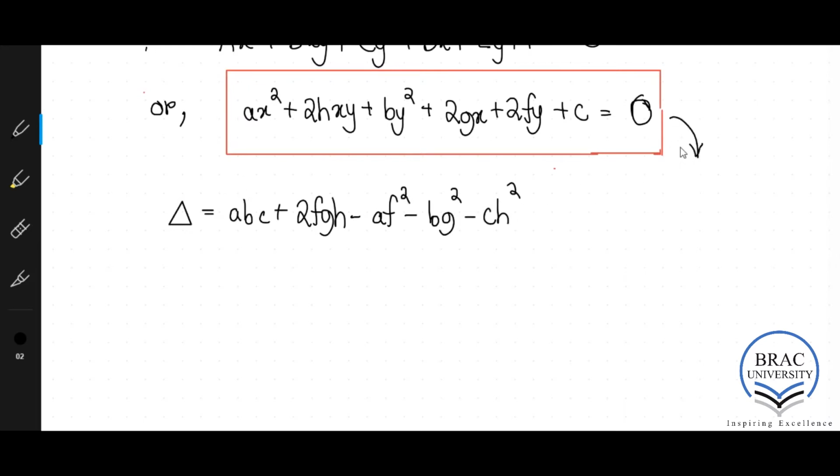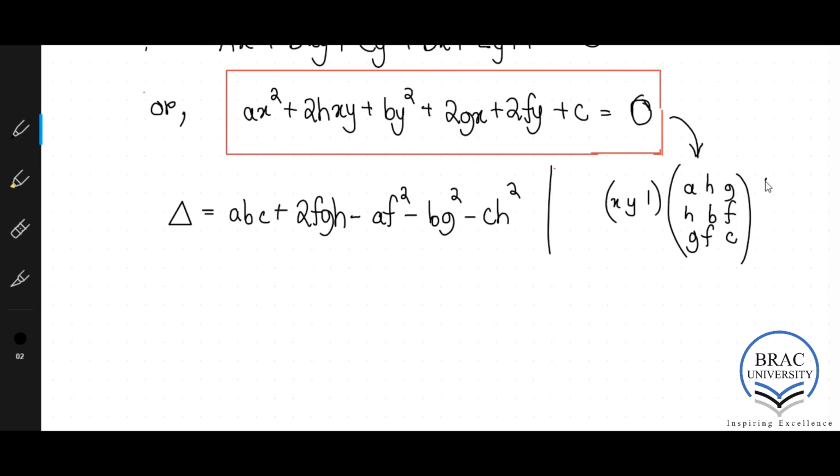If we have a matrix representation of this equation, it would look like (x y 1) multiplied by a matrix of the constants. We would have the constants a, h, g, h, b, f, g, f, and c.